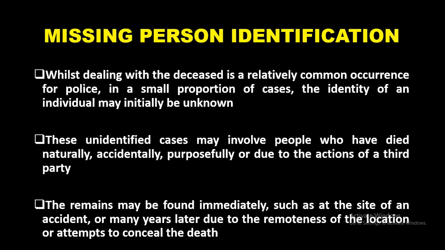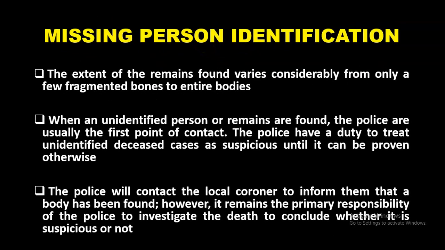The remains may be found immediately, such as at the site of an accident, or many years later, due to the remoteness of the location or attempts to conceal the death. The extent of the remains found varies considerably from only a few fragmented bones to entire bodies.